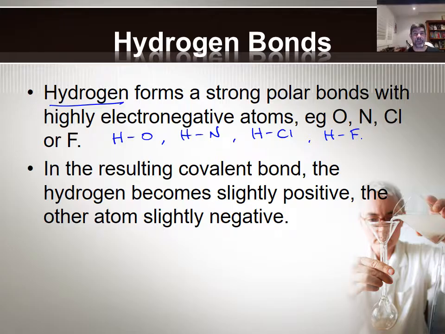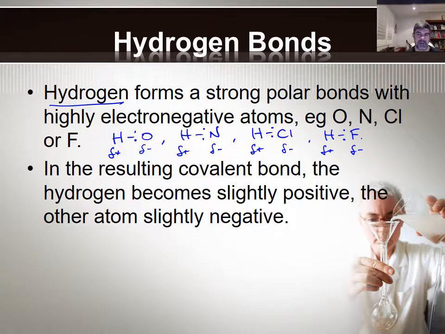Each of these forms very strongly electronegative or polar bonds because of the fact that hydrogen's electronegativity is so low and that of oxygen, nitrogen, chlorine and fluorine is so high. And so therefore the electrons tend to be closer to the non-hydrogen atom in this case, giving them all a slight negative charge and therefore slight positive charge on the hydrogen, and as a result some very high polarity exists in these bonds.